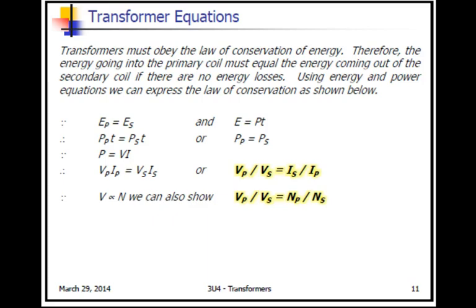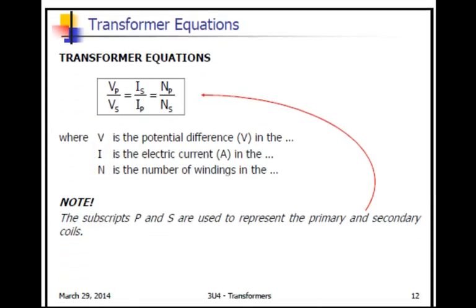We can also note that the ratio of the primary voltage to the secondary voltage is equal to the ratio of the number of windings on the primary to the number of windings on the secondary. So we can come up with this triple equation for transformers. Vp over Vs equals Is over Ip equals Np over Ns. Notice that I is switched.